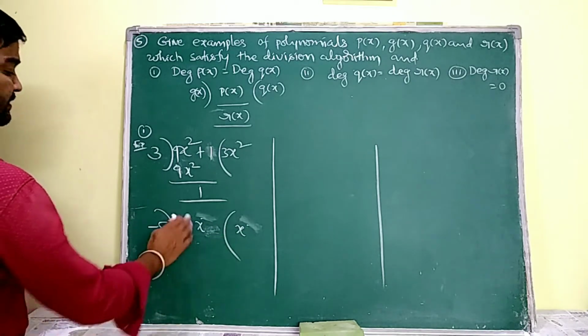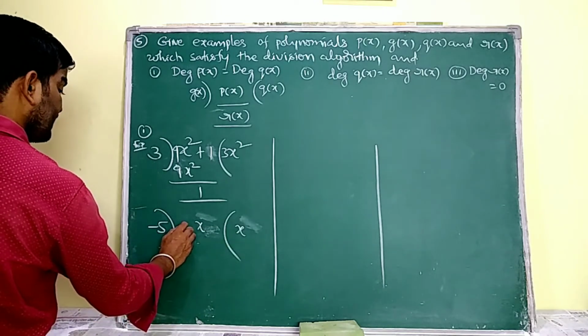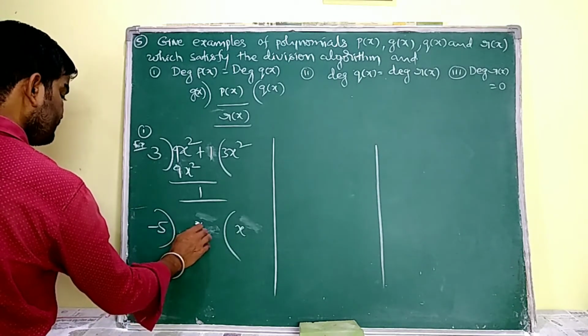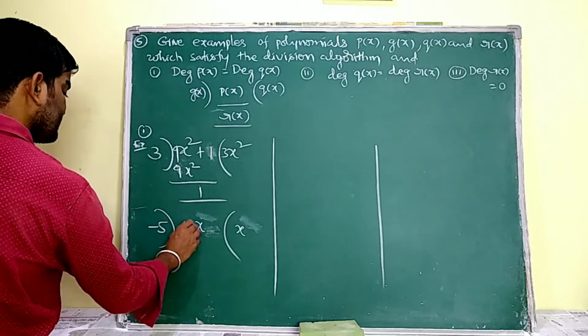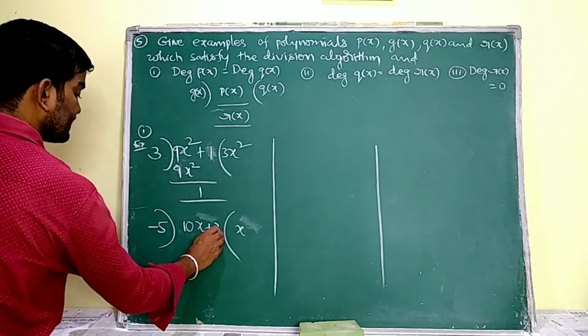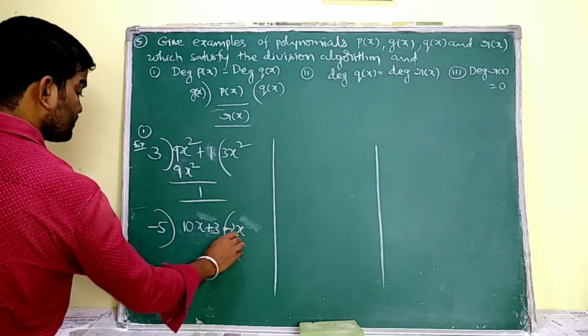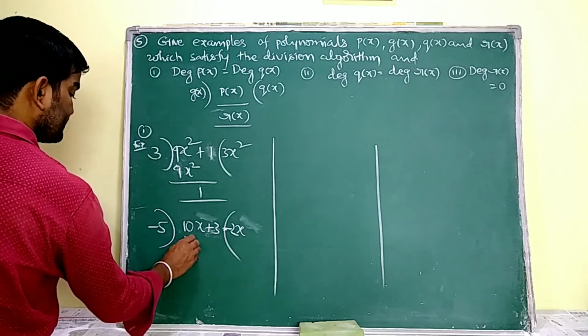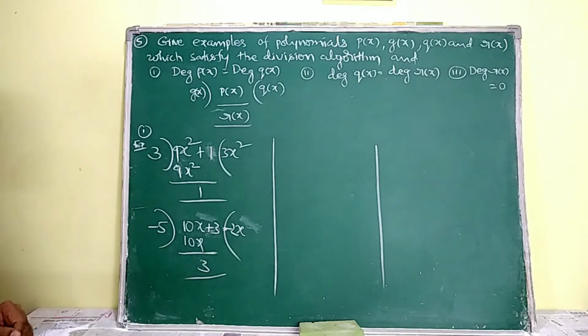Whatever you are going to write, the degree must be same. Here its degree is 1. So here I am going to write, let us suppose, 10. Now 10x plus 3. Then minus 5 into minus 2x is 10x. Our remainder is 3. Like that I may write.